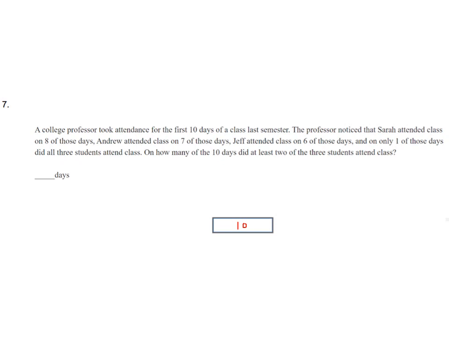So take a sample strategy. Total days are 10, and Sarah attended 8 of those, Andrew attended 7, Jeff attended 6, and all 3 of those attended 1 class, so mark it. Okay, so all 3 attended this day.